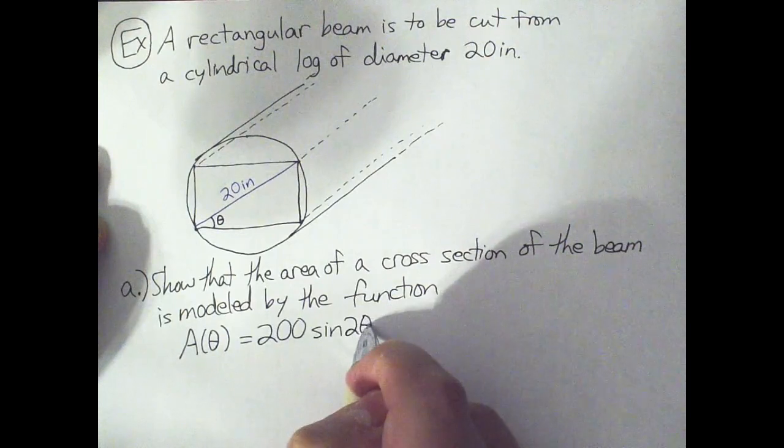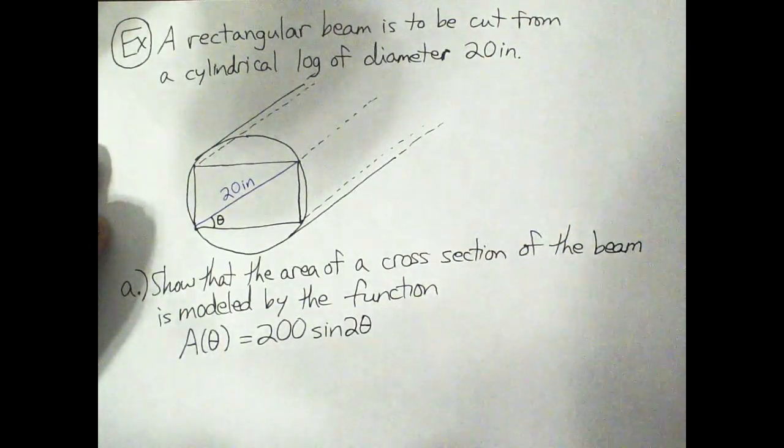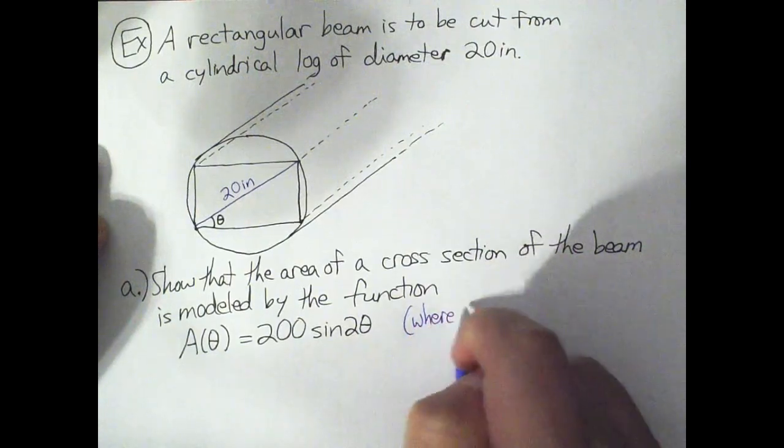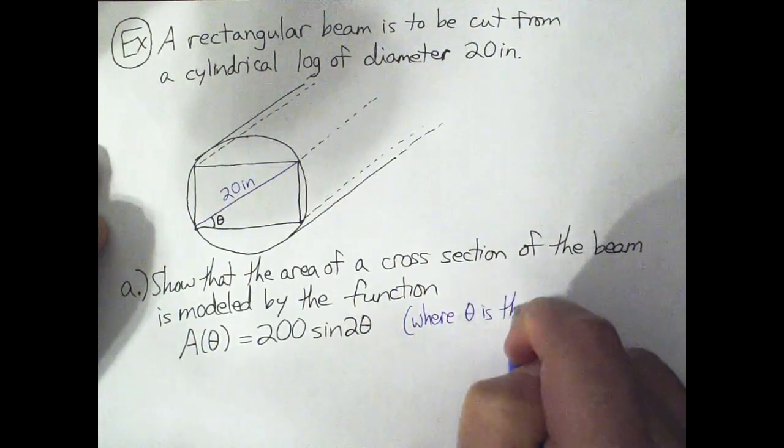Now there's a part B, so wait a minute because I have to write that also. In parentheses, I'm going to say where theta is the angle shown.